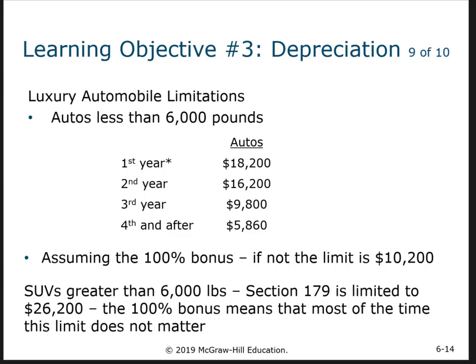Which, if you bought a car for $100,000, is going to take a whole bunch of years. If you buy an SUV that's greater than 6,000 pounds, technically there's a limit for Section 179, but no limit on the 100% bonus. So you don't need to worry about the Section 179 limit.